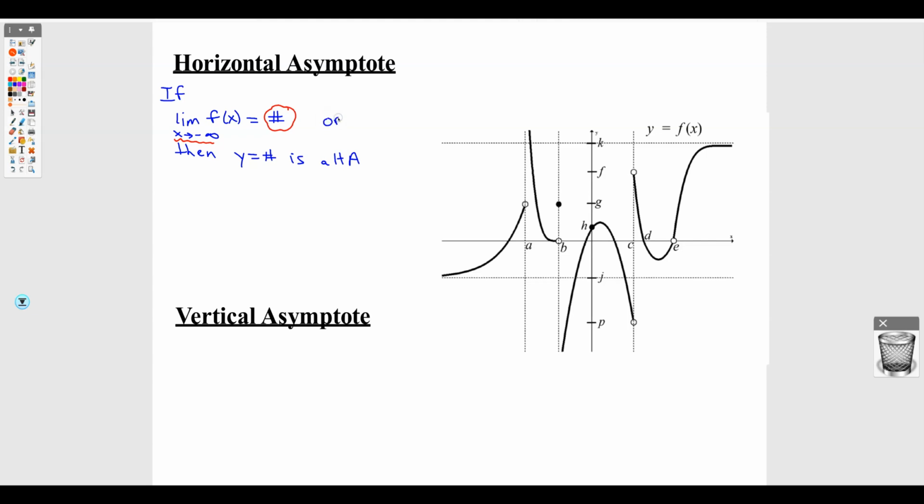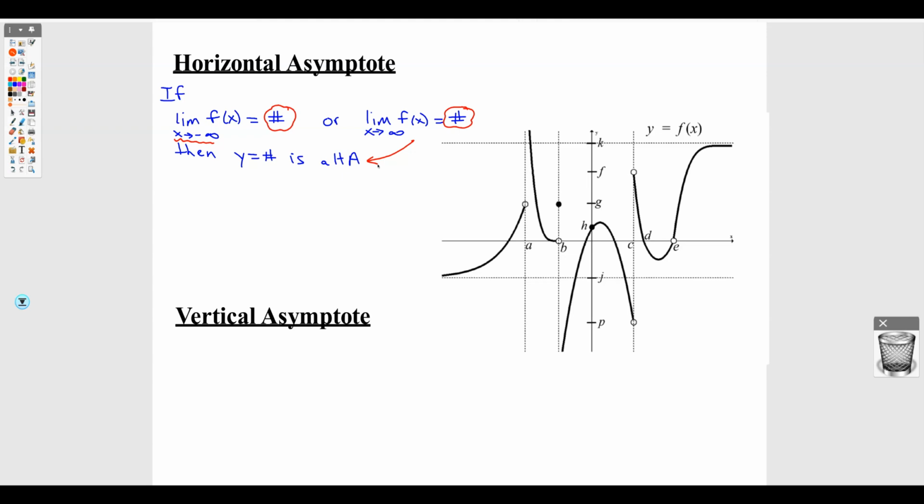All right, there's a second definition. So or, and then we evaluate a second limit. The limit as x approaches positive infinity. And again, if the answer to that limit is a number value, an actual real number value, then the definition says that number is a horizontal asymptote.